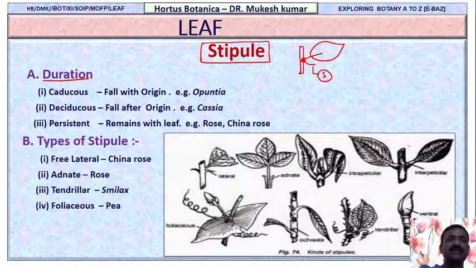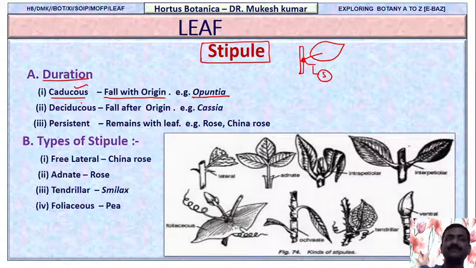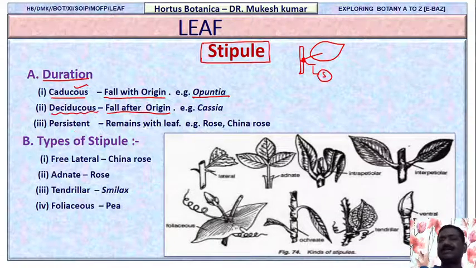It may be caducous, meaning the stipule will fall down with the origin of the leaf. If they fall down with the origin of the leaf, then this is called caducous, and this is found in Opuntia. Sometimes they will not fall with the origin, rather they will fall after the origin of the leaf, and this is called the deciduous condition, and it's found in Cassia, right?